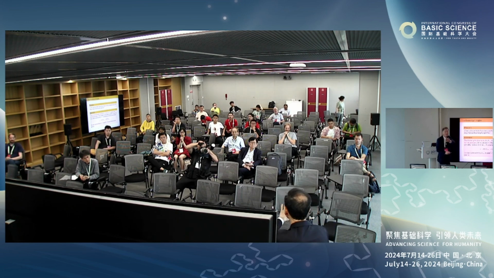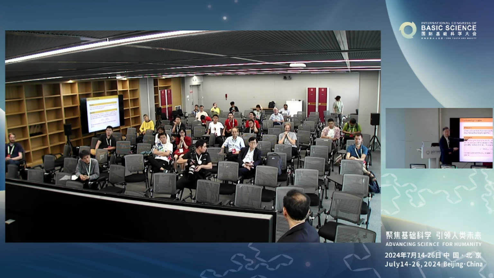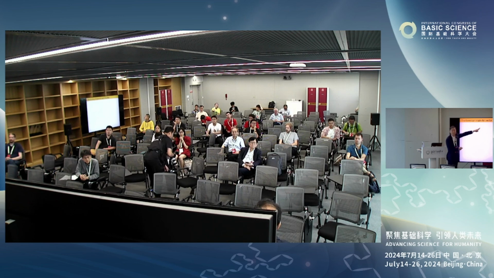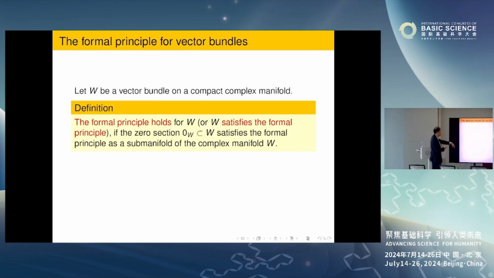Maybe I didn't explain well, so I will give another definition. Maybe this will help you. The formal principle for a vector bundle is a special case of the formal principle, where W is a vector bundle on a compact complex manifold. We say that the formal principle holds for the vector bundle W, or the vector bundle W satisfies the formal principle, if the zero section satisfies the formal principle as a submanifold.